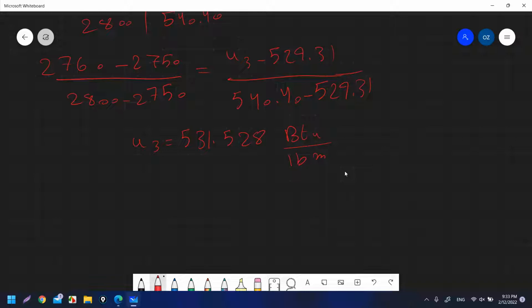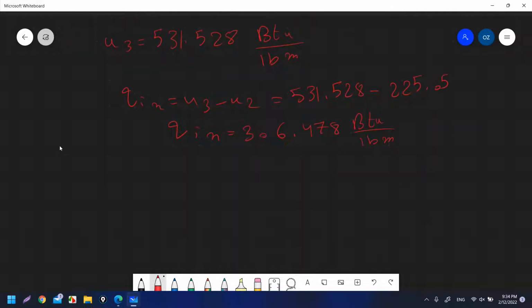So finally Qn will equal U3 minus U2, equal 531.528 minus 225.05. So Qn is 306.478 BTU over pound mass.